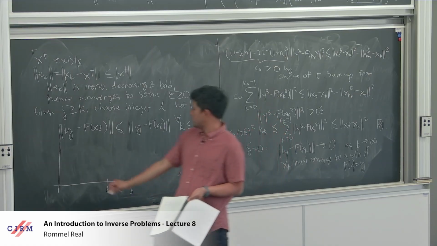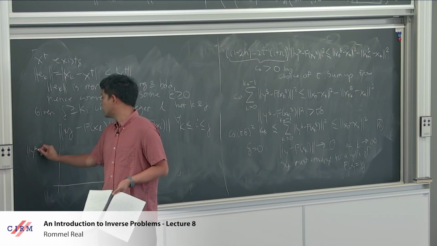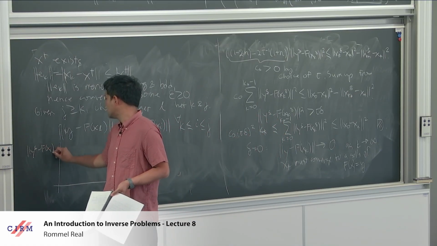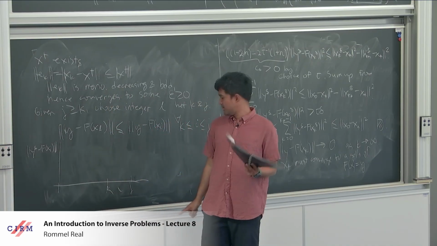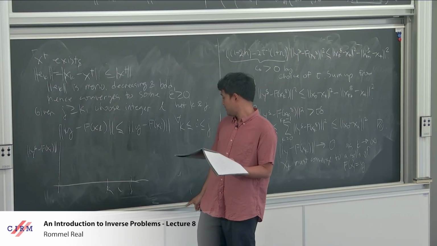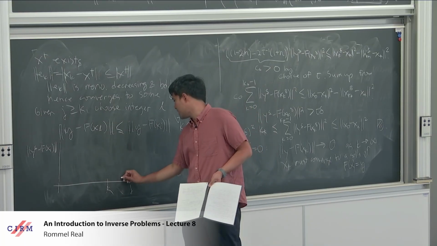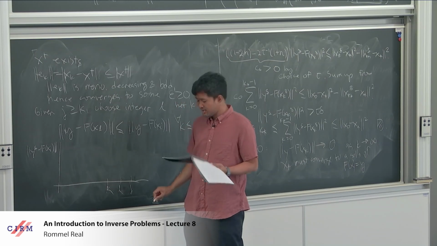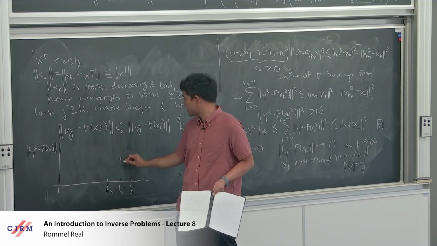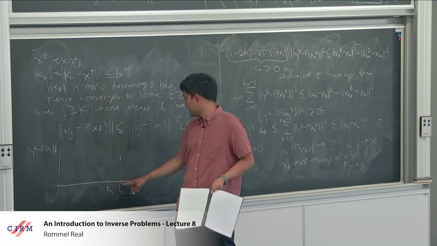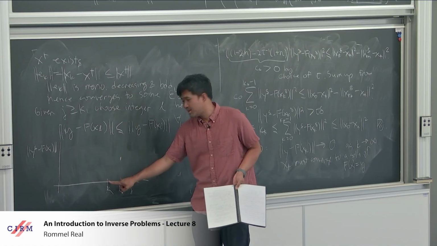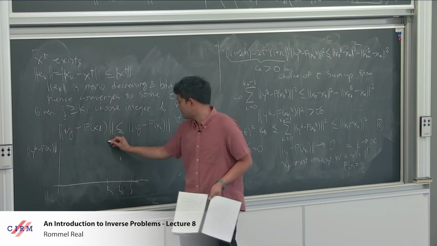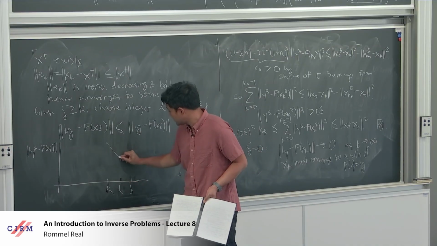Because we know that this is the residual, and it converges to 0, what I want to do is, between k and j, I'll use L so that the residual at this point is smaller than the residuals from here to here and from here to here. So it will look like this.